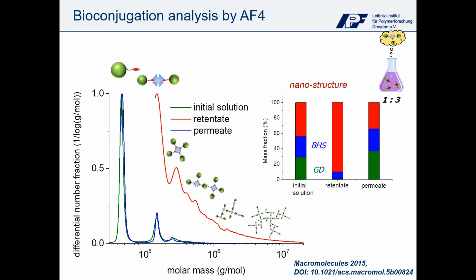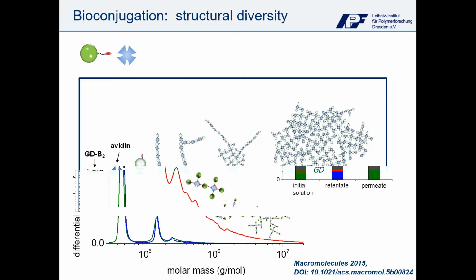AF4 combined with static light scattering unlocks a lot of information about these bioconjugate structures. First of all, we found out that we don't have only the well-defined bioconjugates we expect, but we have very diverse structures within one sample, starting with the single components and going up to the well-defined bioconjugates, but also having strongly branched structures as well as network-like structures.